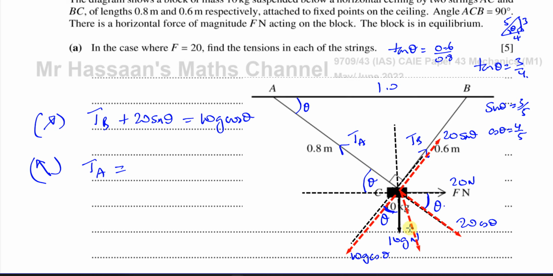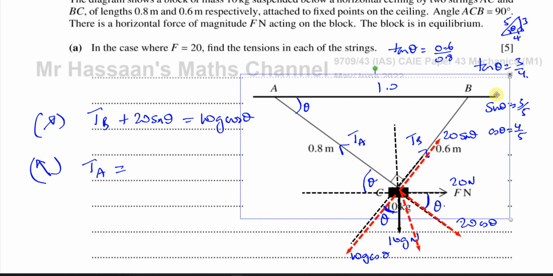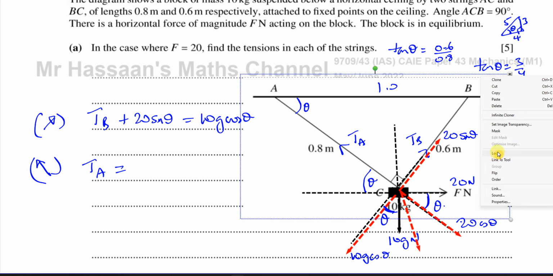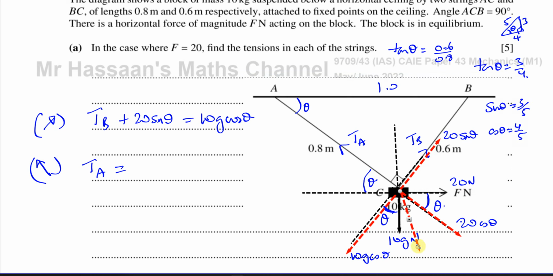We want to also resolve this other force in this direction. Let me just fix this in place so it doesn't move again. So this 10g Newtons resolved in this direction is going to be 10g, and you can see here we're moving away from that angle theta this time, so 10g times sine theta.